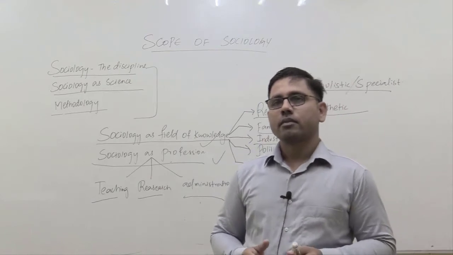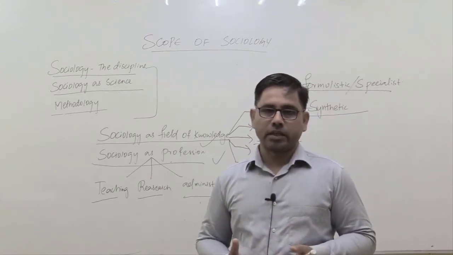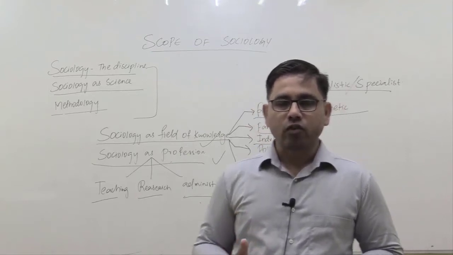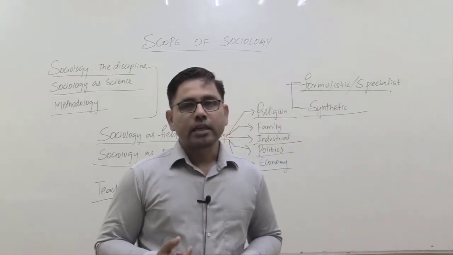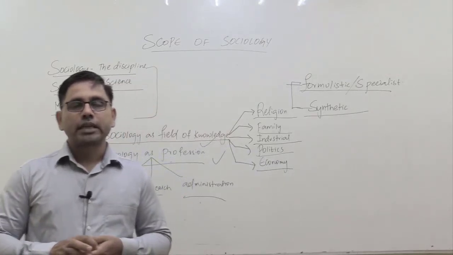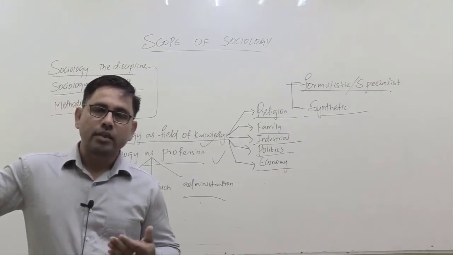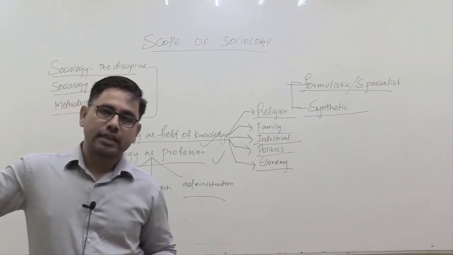So friends, whenever we ask what is the scope of a particular subject, scope means what is the extent of reach of that subject, that is, what is the area of the intellectual or academic world that this discipline can cover.